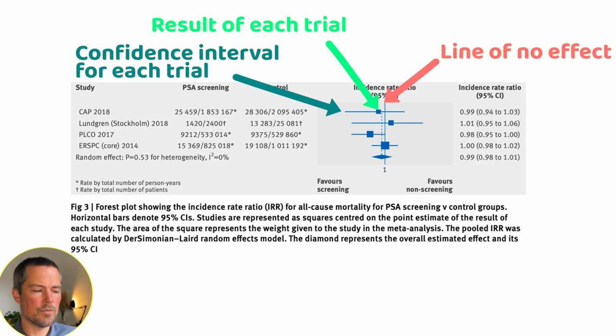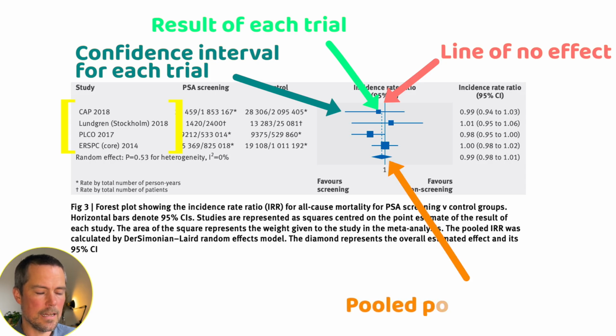And systematic reviews are really useful here because rather than one expert or doctor saying that they believe this randomized trial and another doctor saying they believe that randomized trial, systematic reviews pool all the trials together. And the summary of the meta-analysis, this diamond, it's called the pooled point estimate. This is the result of the systematic review.